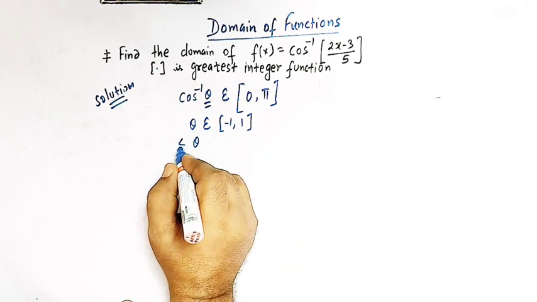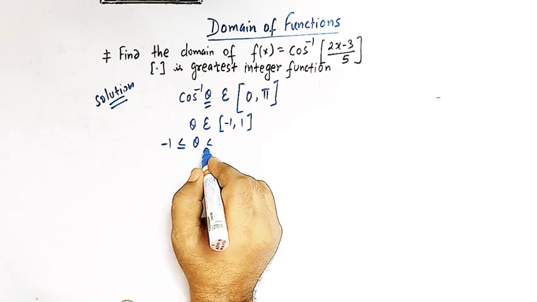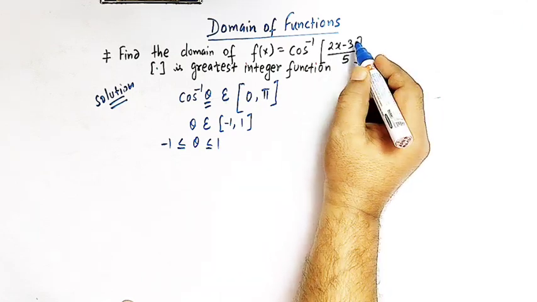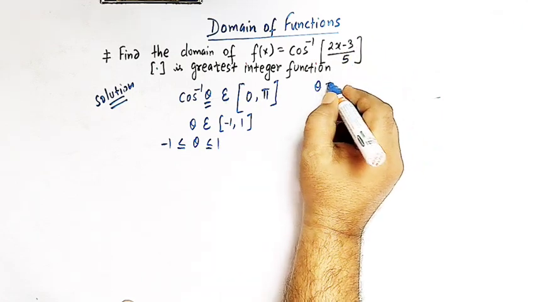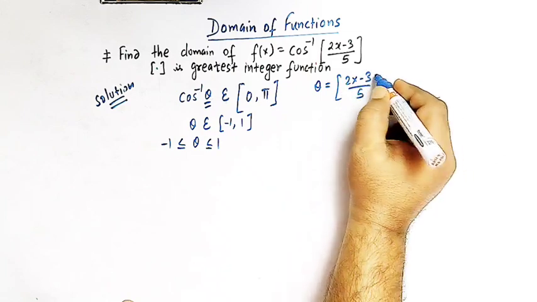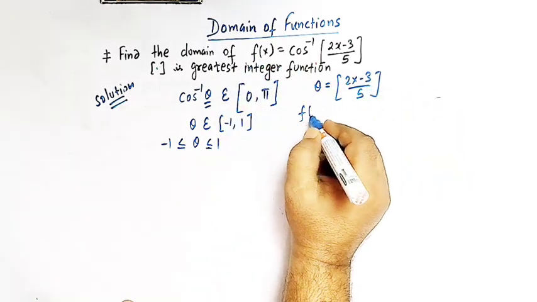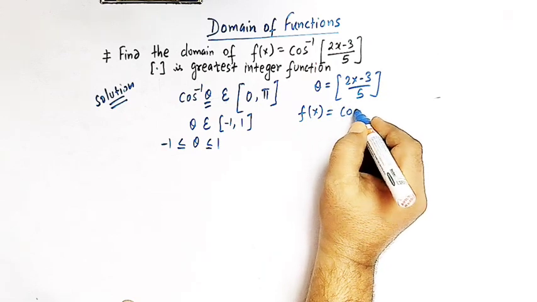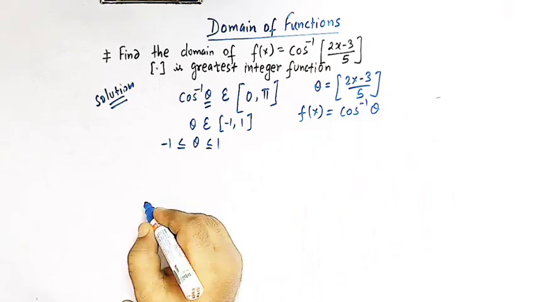So theta must lie between minus 1 and 1. Now if we take theta as the greatest integer of (2x minus 3) over 5, then our function assumes the form cos inverse theta, right?